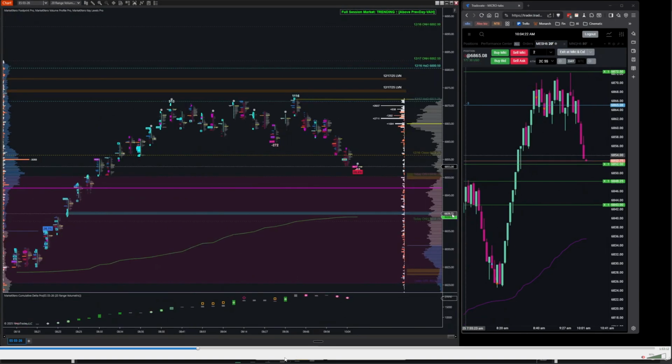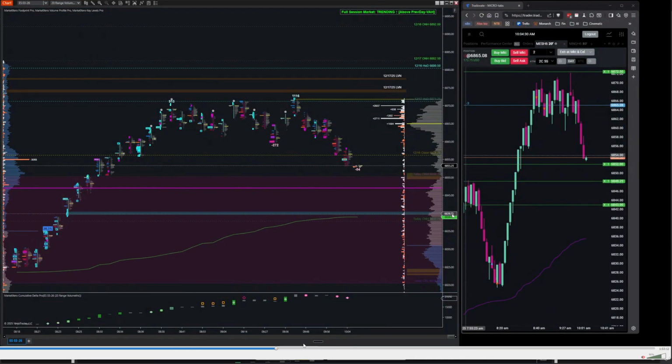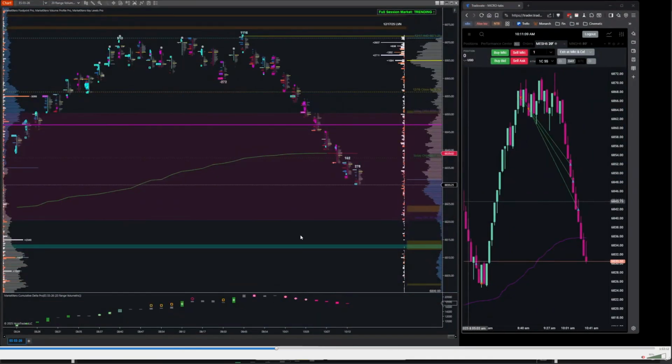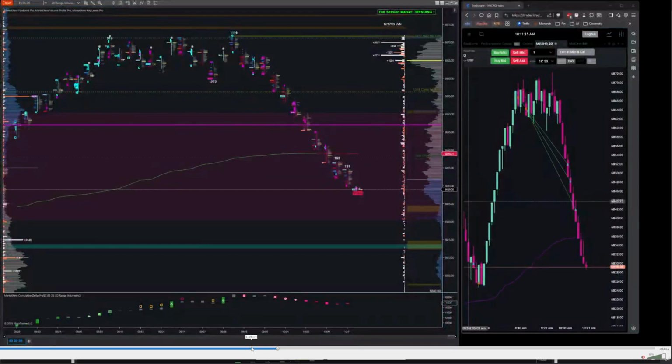Here you can see now we start clearing out. As price moves down, it clears out those stacked volume imbalances, and your chart will automatically update. Things look probably a little fuzzy here because I'm doing this replay off of my recording from OBS Studio. Then you see price just went down all the way, and I think it got down to almost this other volume imbalance from a day or two ago.